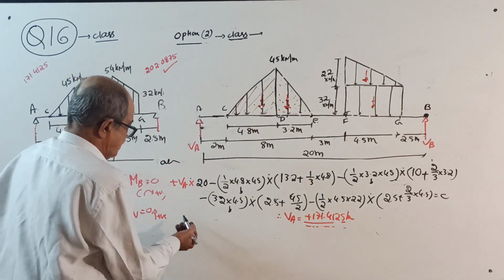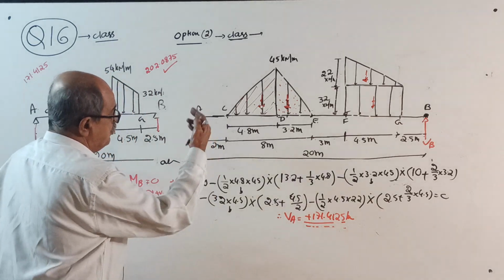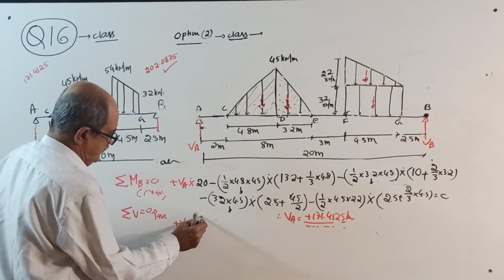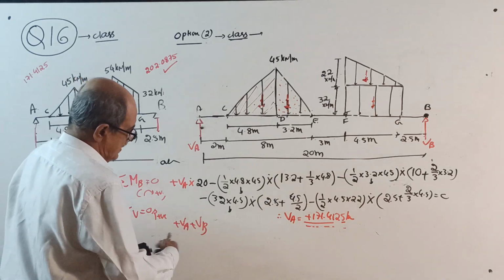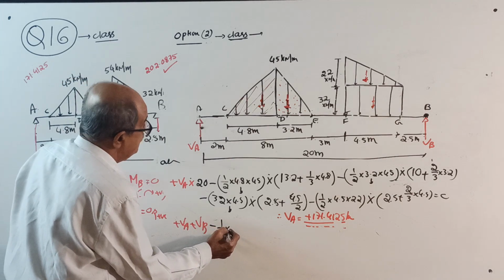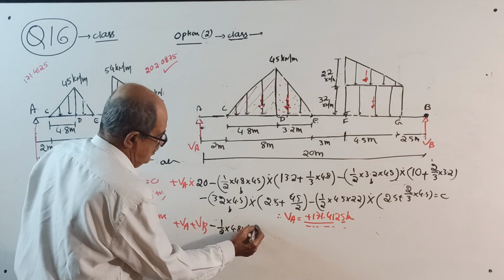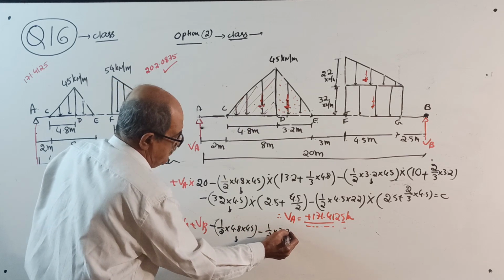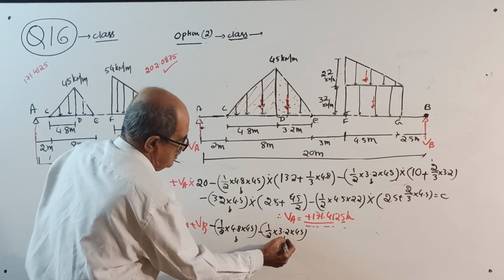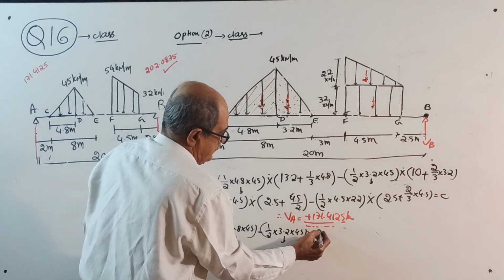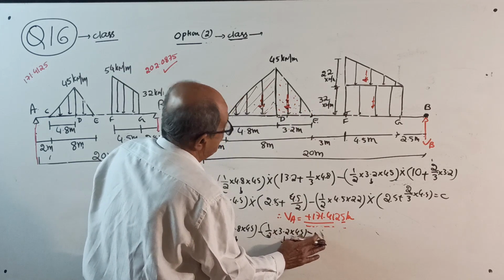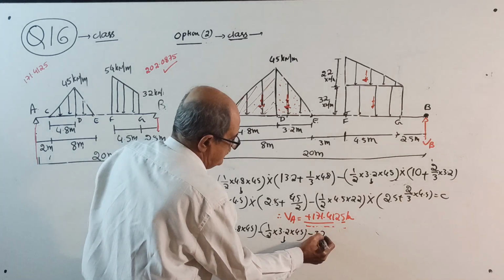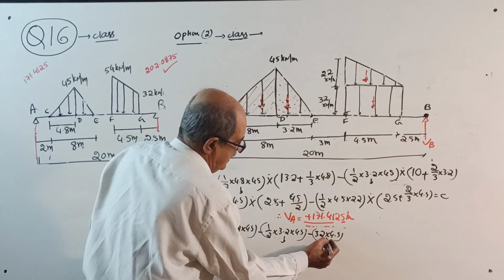Okay, then. So I should not have removed sigma V. Sigma V 0, upward positive, same as last time. Okay, I removed it, so I write now: plus VA plus VB, minus half into 4.8 into 45, that is this load. Again minus half into 3.2 into 45, one more load. Minus 32 into 4.5 is the UDL.